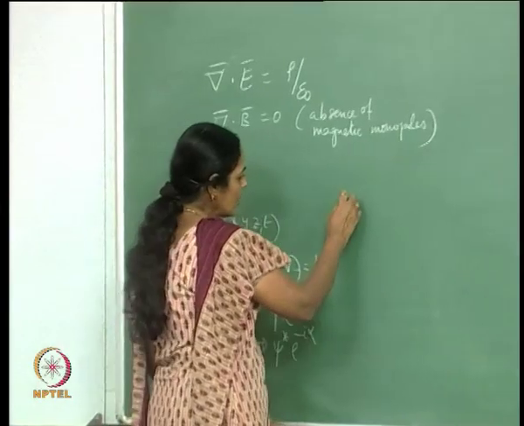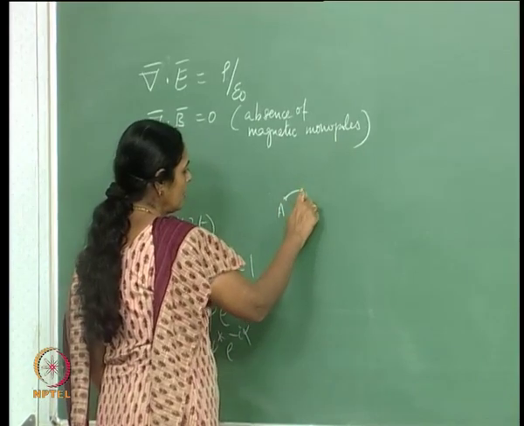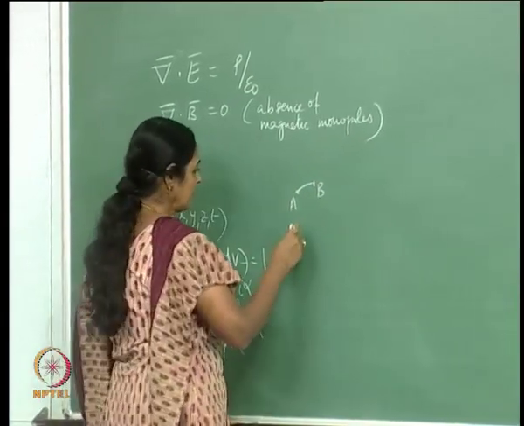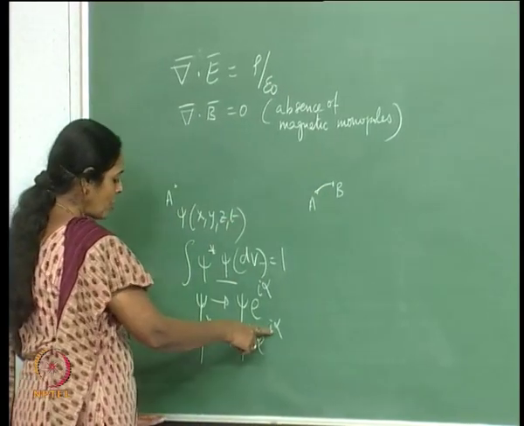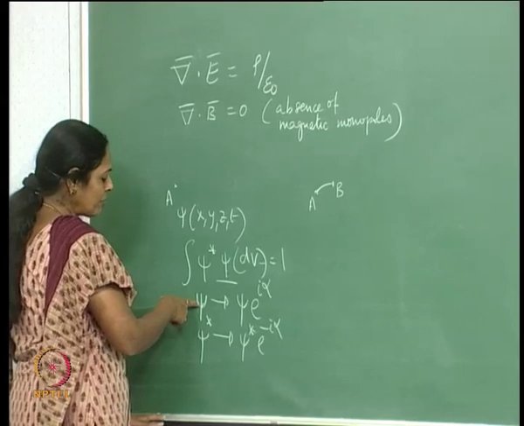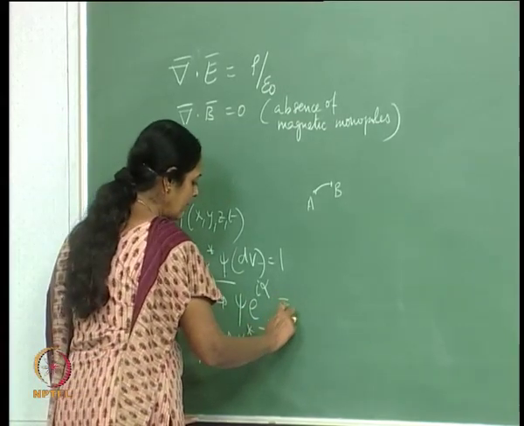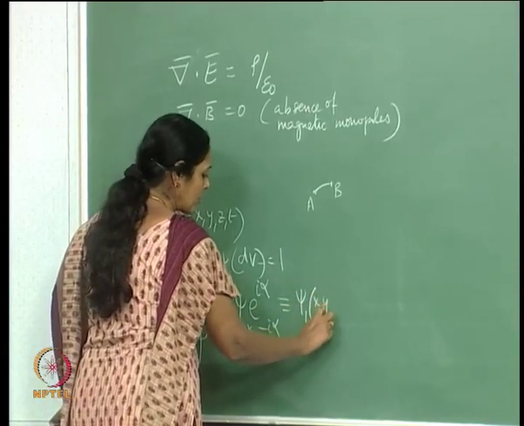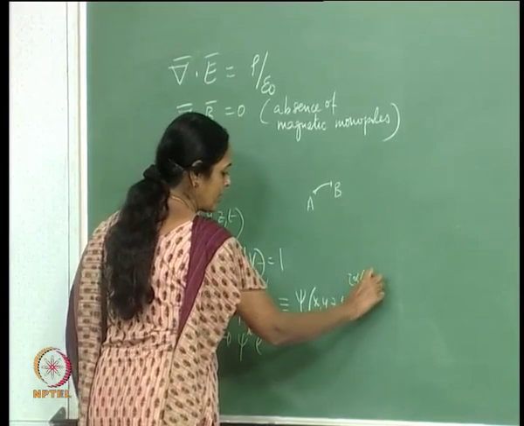Now, suppose the system moves from point A to point B. Notice that here psi is a function of x, y, z and t, and therefore, I can write this as some psi 1 of x, y, z, t e to the I alpha of x, y, z, t.